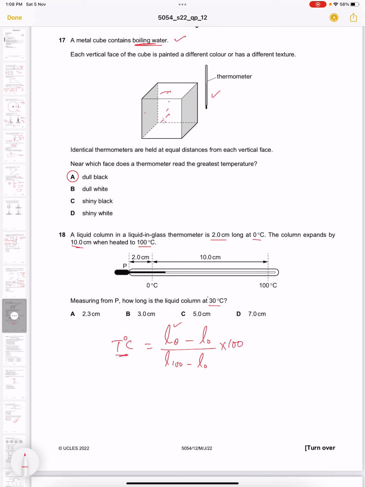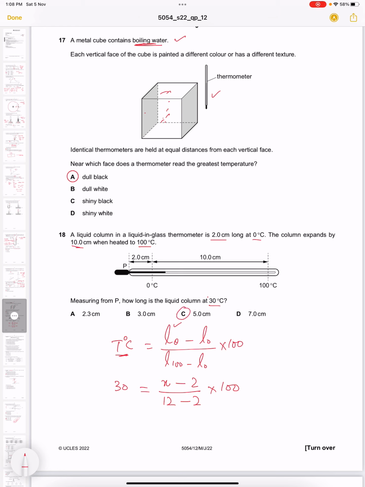This T is the temperature given, which is 30, is equal to L theta, let's call it X, minus L naught, the length at 0 degrees Celsius, which is 2 centimeter, over L100, the length at 100 degrees Celsius, which will be 12 centimeter, minus again 2, multiplied by 100. Right? After solving it, we get option number C, the correct one.